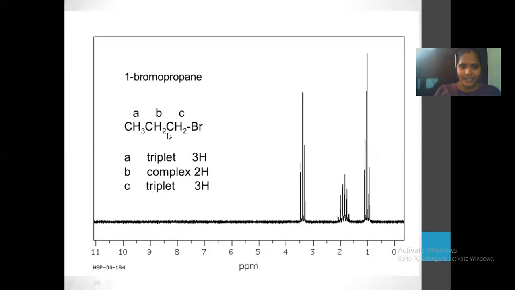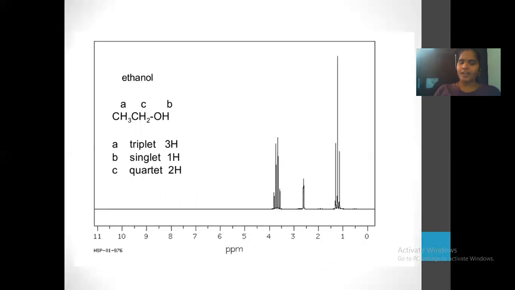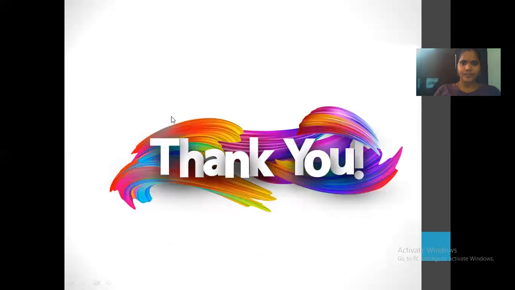So I can expect 3 different peaks: one peak for this CH2, one peak for this other CH2, and another peak for this CH3. And in ethanol, you can guess there are 3 different protons, so you will get 3 peaks. Thank you.